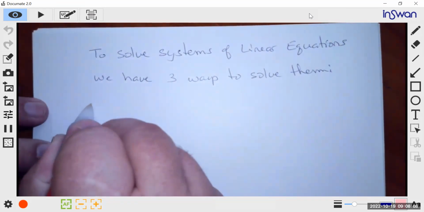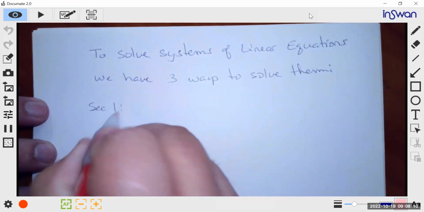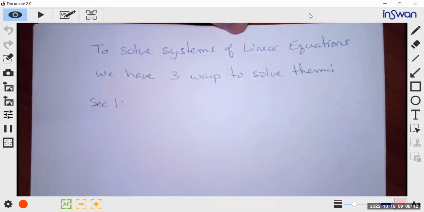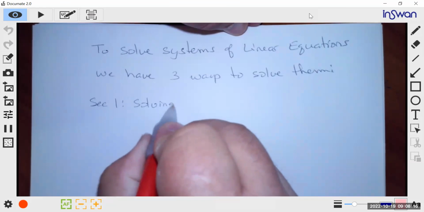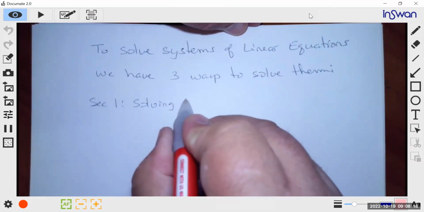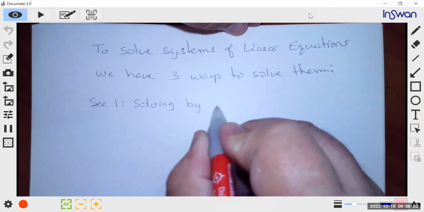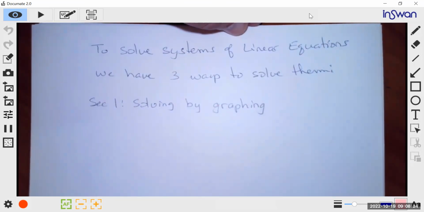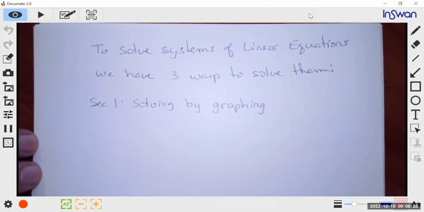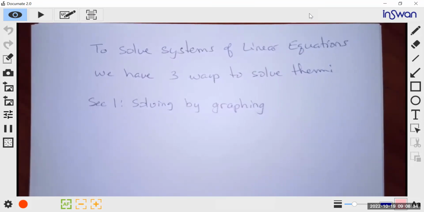The first way, this is section 1. Solving by graphing. Remember, when you have 2 equations, what constitutes a solution?